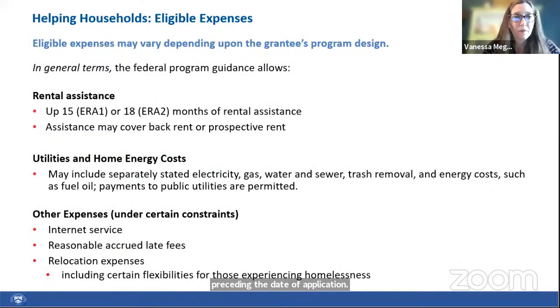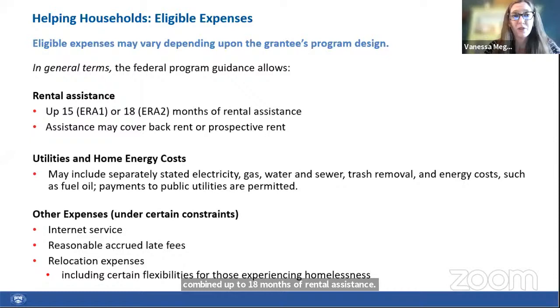And this assistance can cover for ERA 1 up to 15 months of rental assistance, and for ERA 1 and ERA 2 combined, up to 18 months of rental assistance. And this assistance may cover back rent or prospective rent.